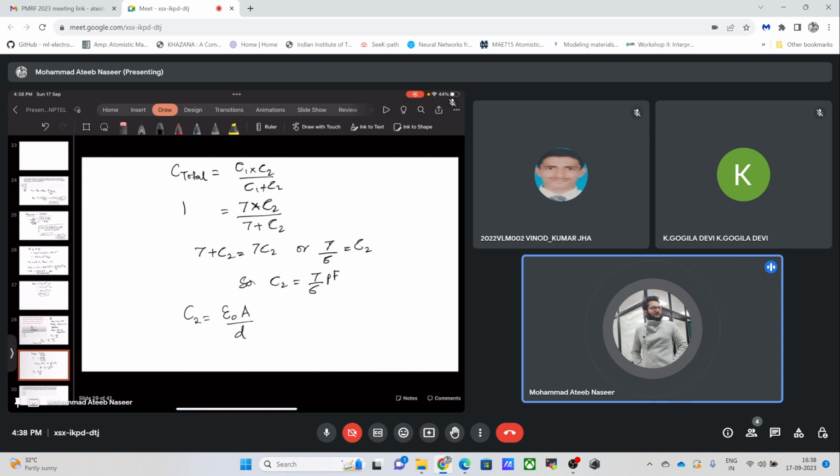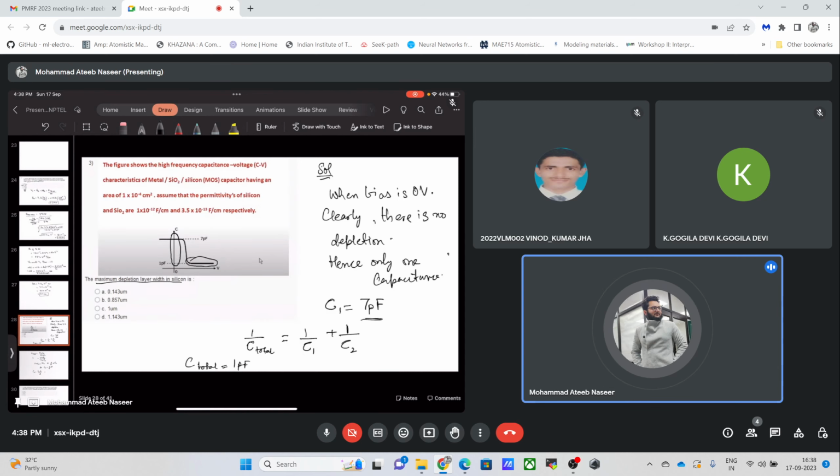Since this is the silicon dioxide, we need to find epsilon naught into epsilon R. But the depletion capacitance is associated with the silicon, so the relative permittivity of the silicon will matter to us.